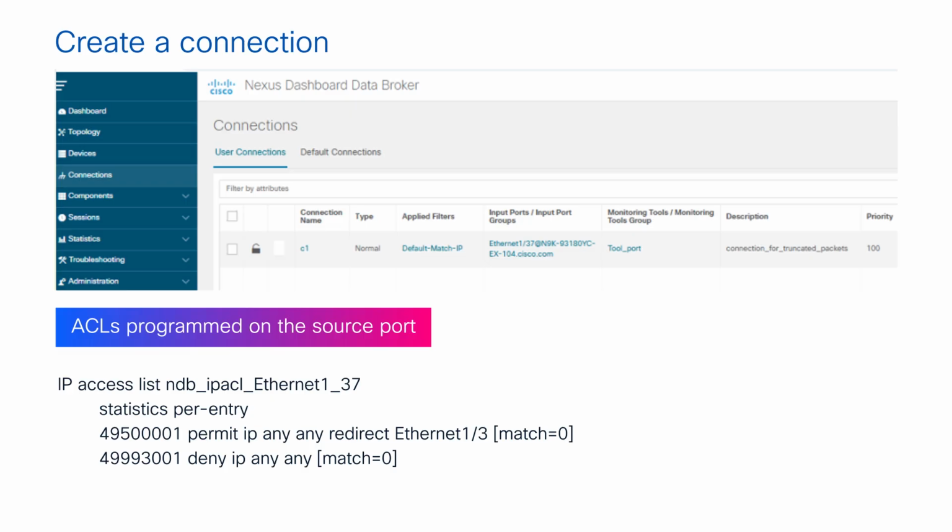Once the packets are truncated, the NXOS switch will take care of recalculating the CRC checksum and ensure the packet is all well constructed after the truncation before handing it to Ethernet 1/5, or in other words, the tool.